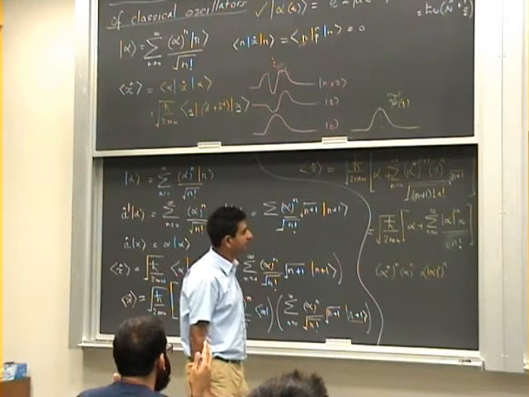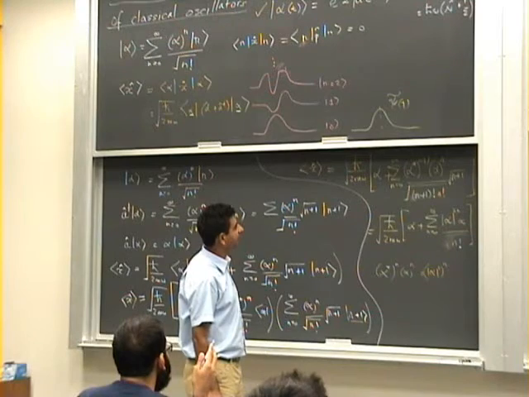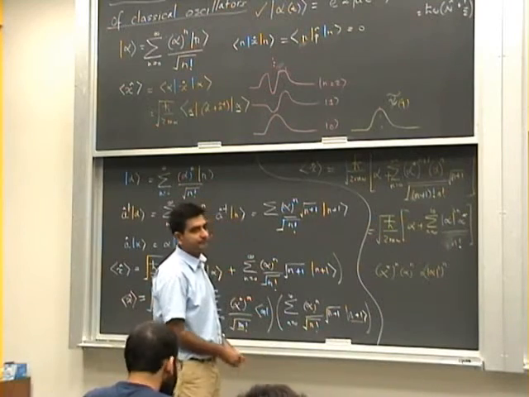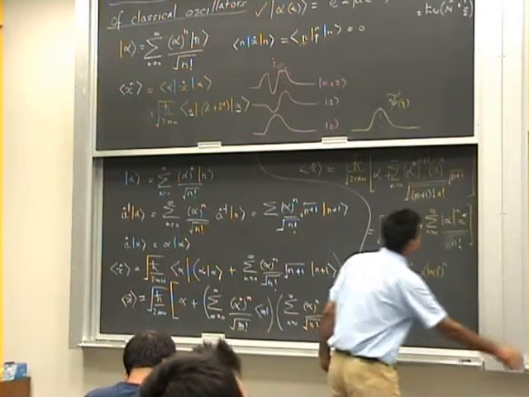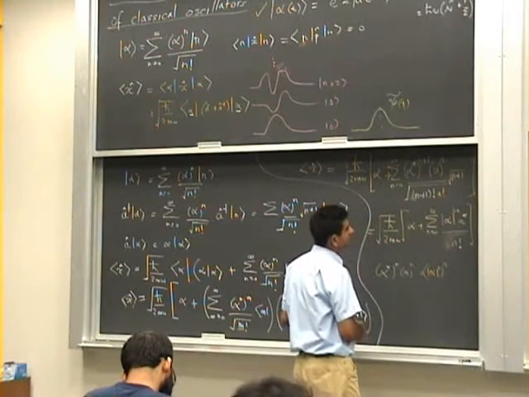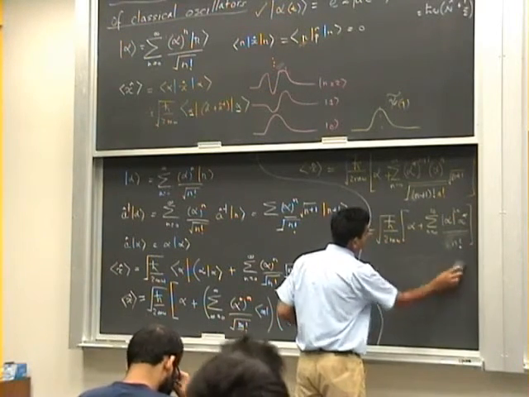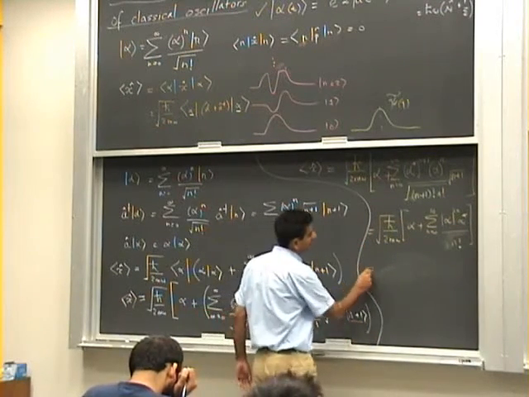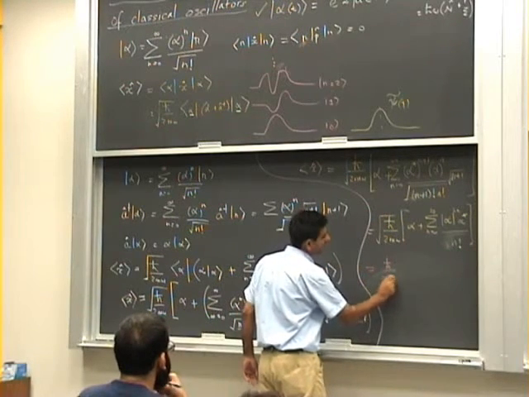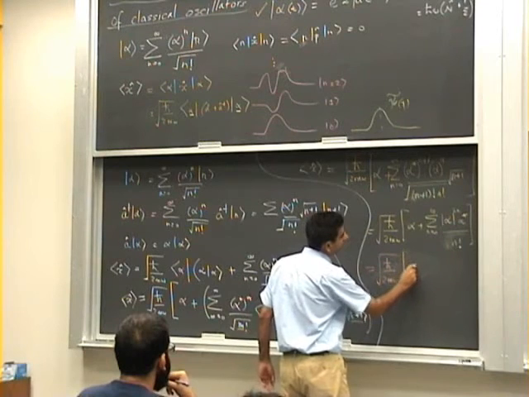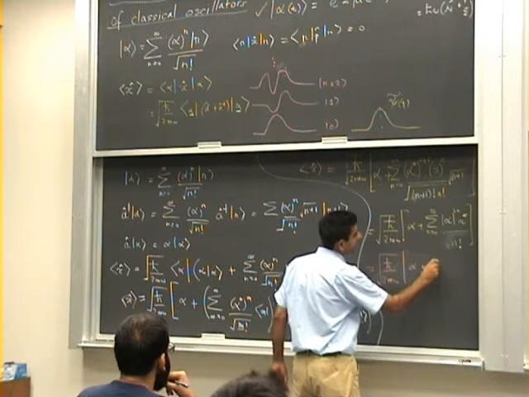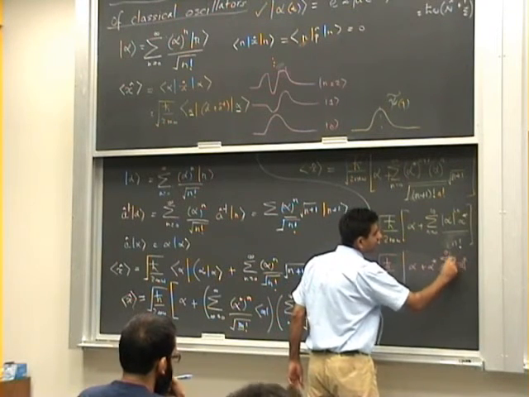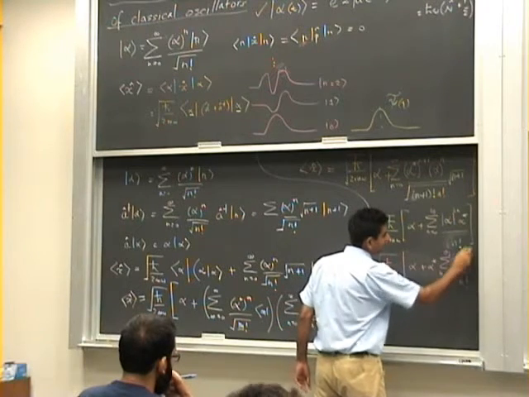What is n plus 1 with n plus 1 and alpha star, right? Okay? Now what does this become? This becomes h bar over 2m omega, alpha plus alpha star, sum with n going from 0 to infinity of alpha mod square raised to power n divided by n factorial.